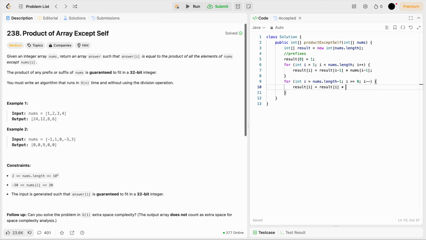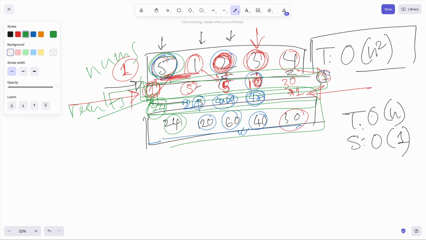Result I times numbers I plus 1. So this way, I plus 1 is 4, but from numbers, the current result at position 3 is 10, and we'll just multiply with 4. It will be 40.